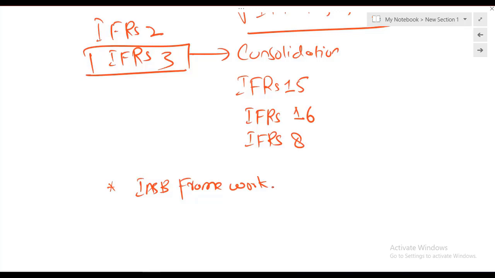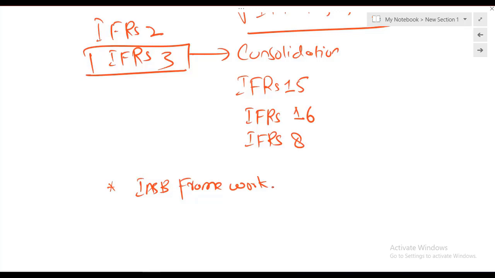So actually now we have revised the conceptual framework, but we have not revised the IASs yet. So now there is a question. Sir, the question is, if the difference comes between two things, one is if the IAS is having a different recognition criteria and the revised conceptual framework says something else, then obviously which one do we need to follow?